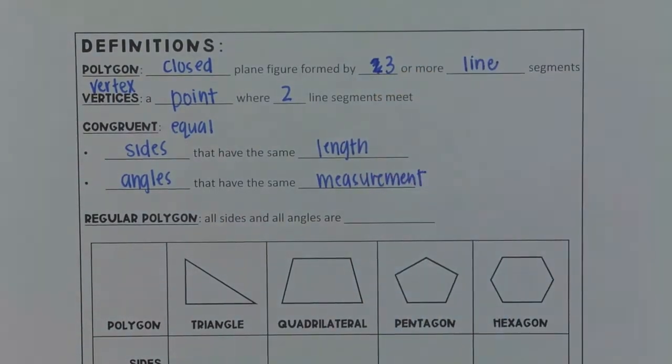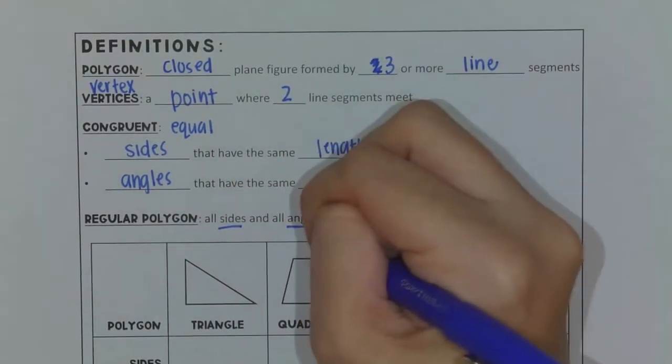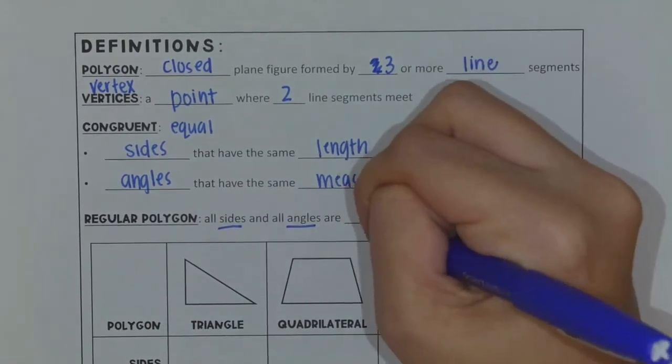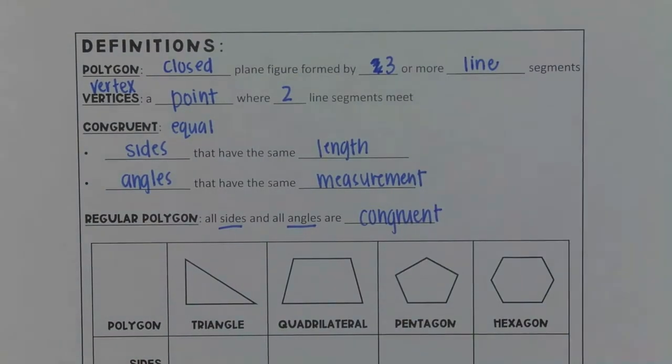Then we have a regular polygon, and a polygon is considered regular if all sides and all angles are congruent. So it has to be true for both.